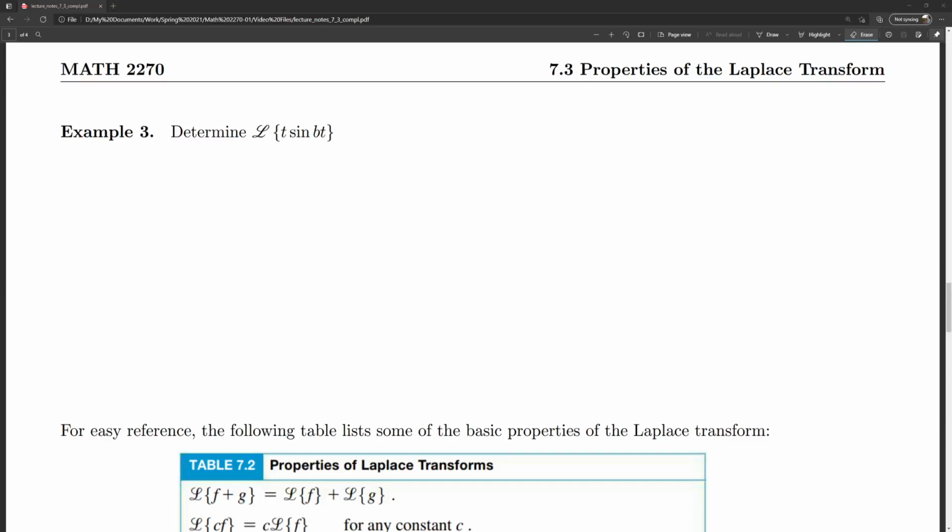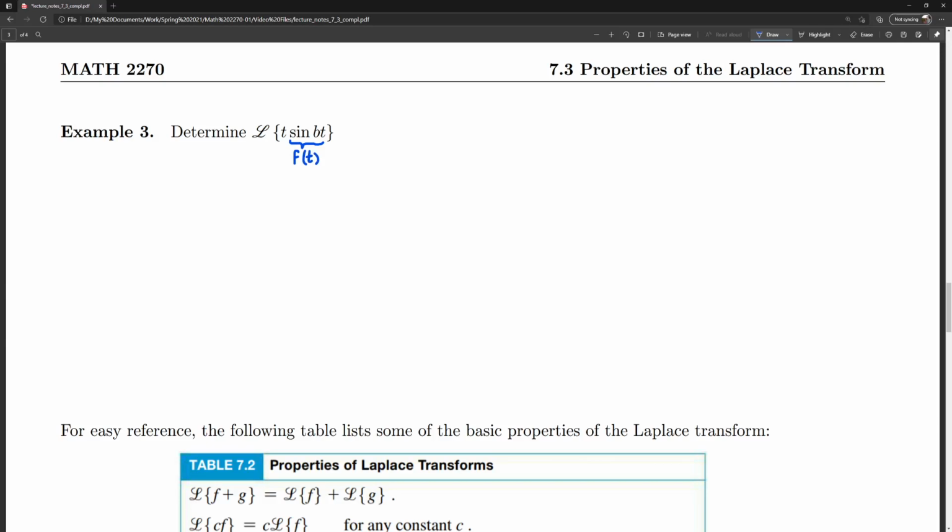Determine the Laplace transform of t times sine of bt. So what we can do here is take a look at sine of bt and call that f of t.